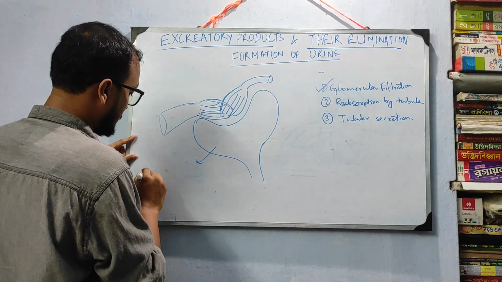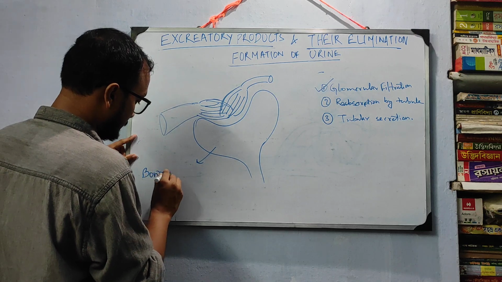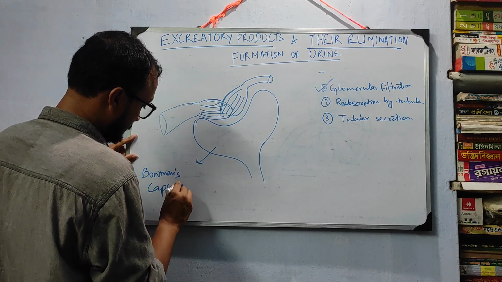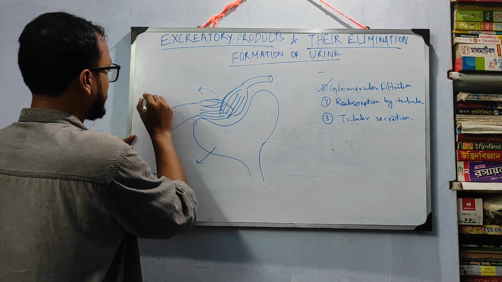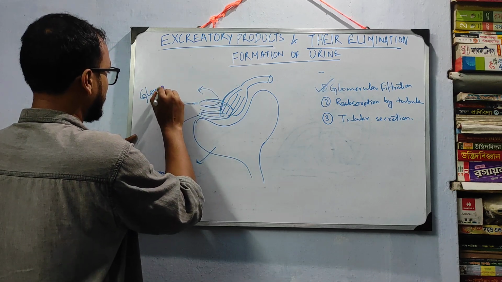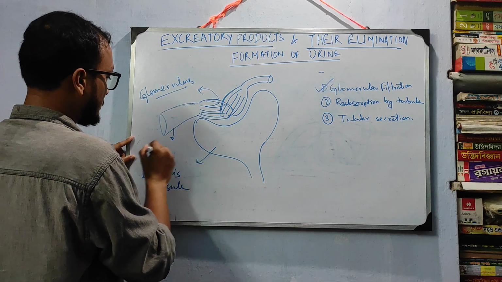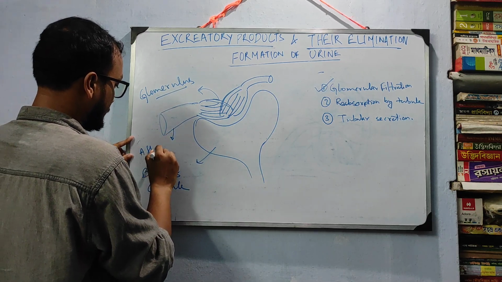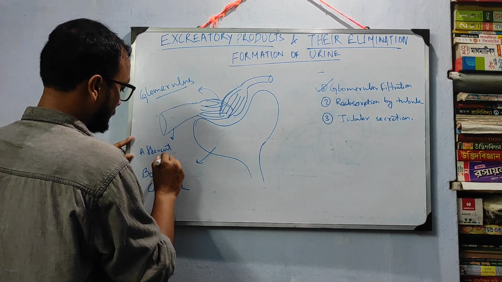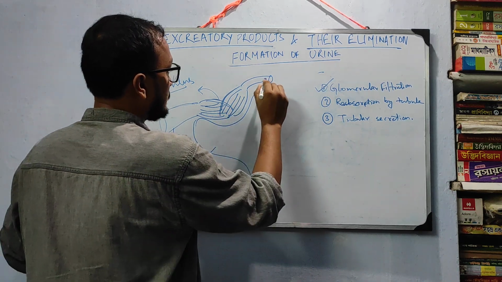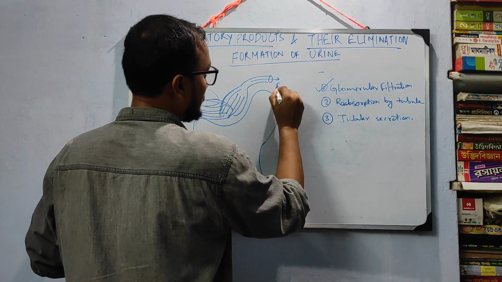So this is Bowman's capsule, and this portion is known as glomerulus. This portion is the afferent arteriole. This portion, through which blood will come out, is the efferent arteriole.